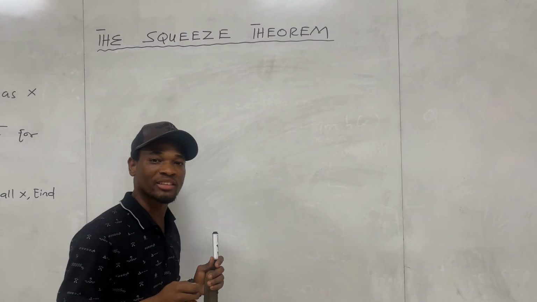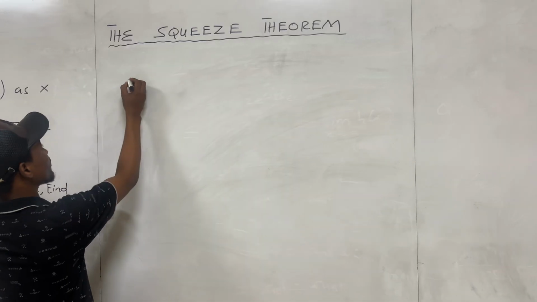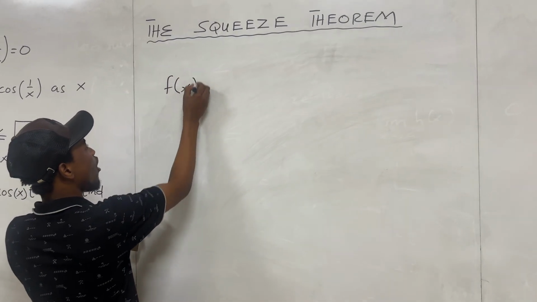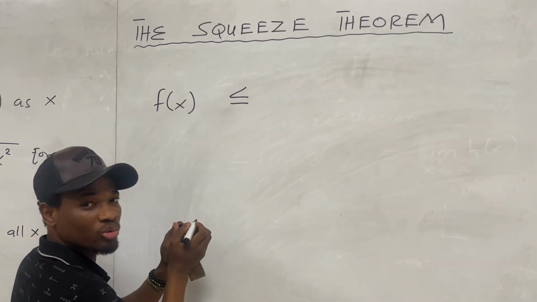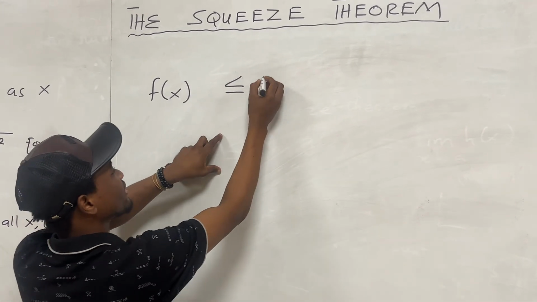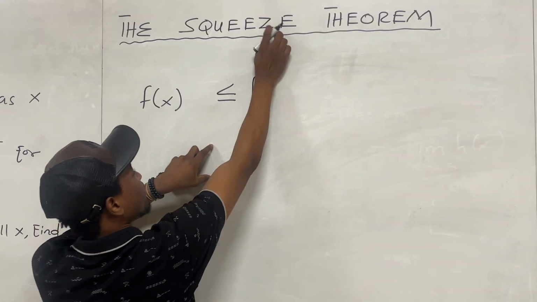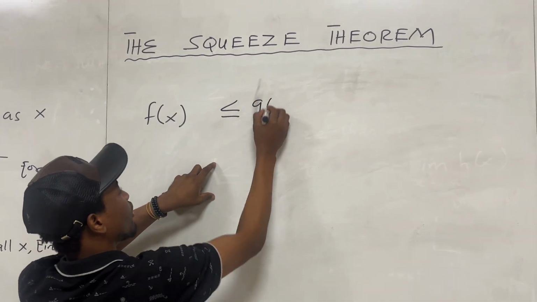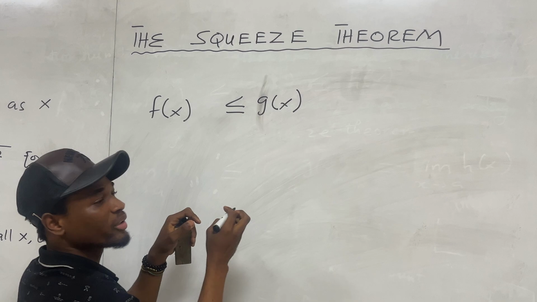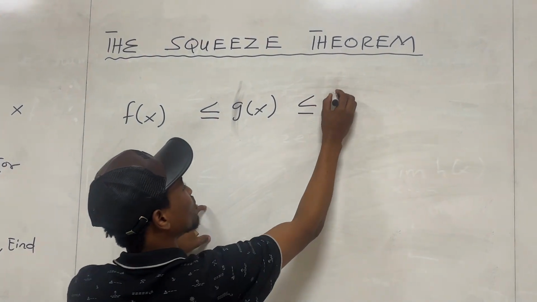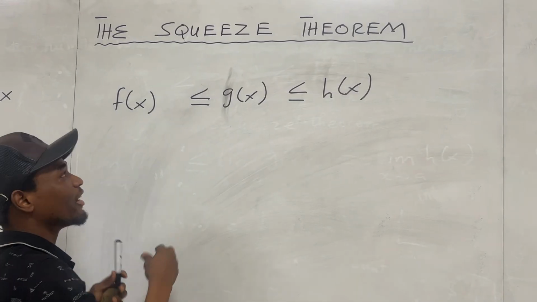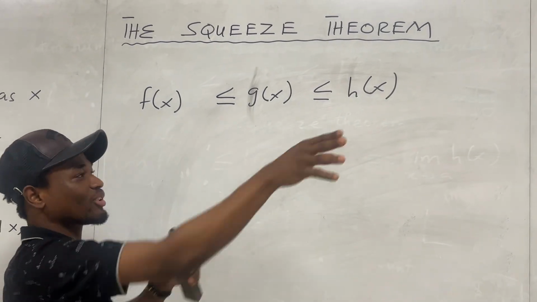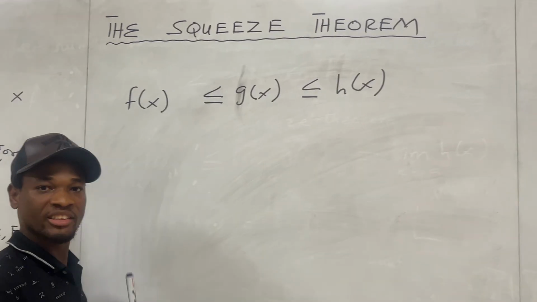If I have a function, say f of x, which is less than or equal to a function, let's say g of x, which is also less than or equal to h of x. Now, let me apply limits to the whole expression given here.